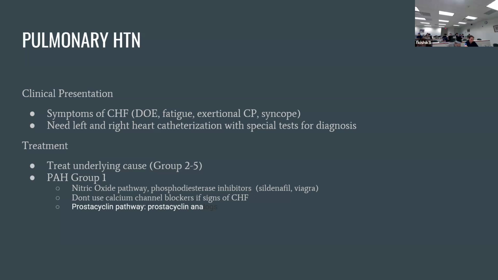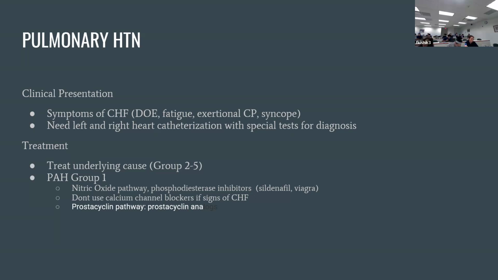We need a right heart cath to check the pressures of the heart. And then there's a special test called a nitric oxide test where you give the patient nitric oxide and see if it relieves their pulmonary hypertension. And usually that means it's pulmonary hypertension group 1 if it responds to that test.